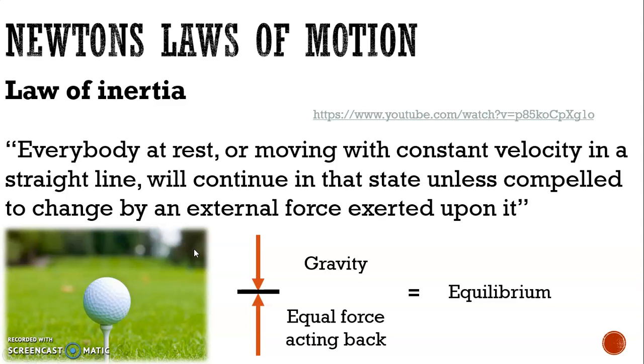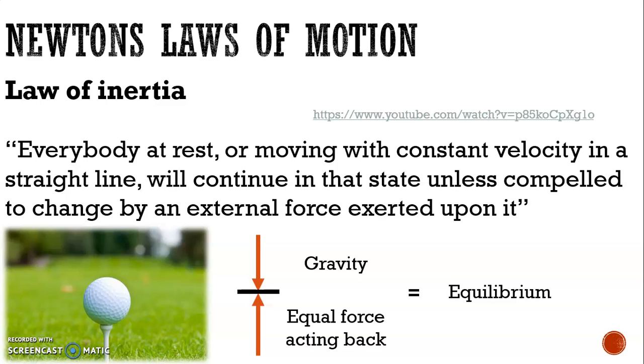Okay, so Newton's first law then is his law of inertia. What this law states is that a body at rest or a body moving will want to stay at a constant velocity unless acted upon by an external force.